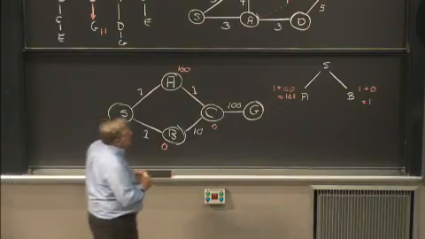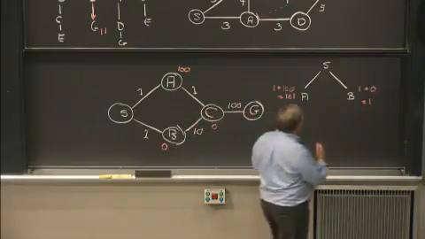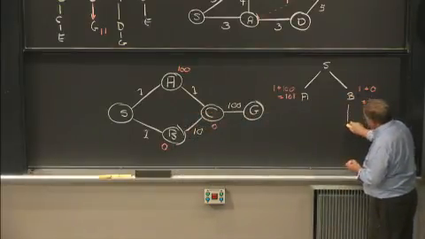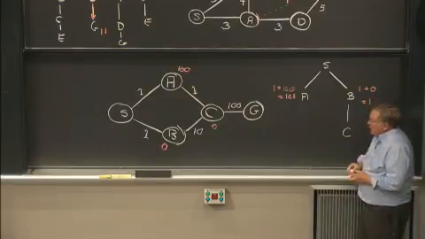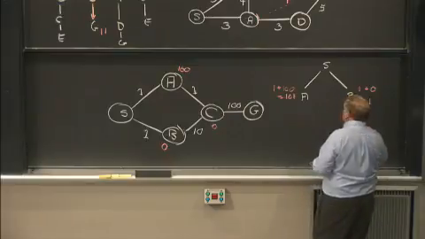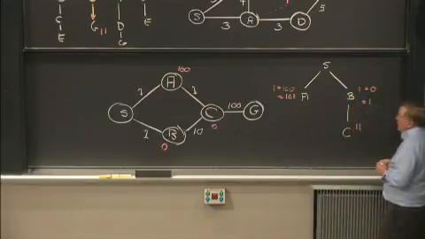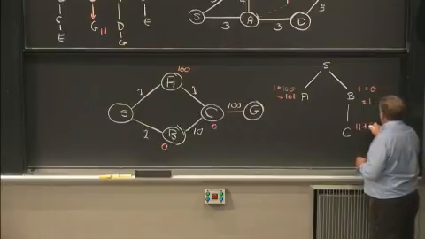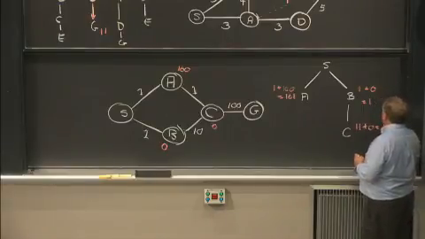So this tells me that my estimated distance here so far is 1, so I'll surely go down here to C. And if I go to C, then my accumulated distance is 11, and my estimate of the remaining distance is 0. So that's a total of 11.